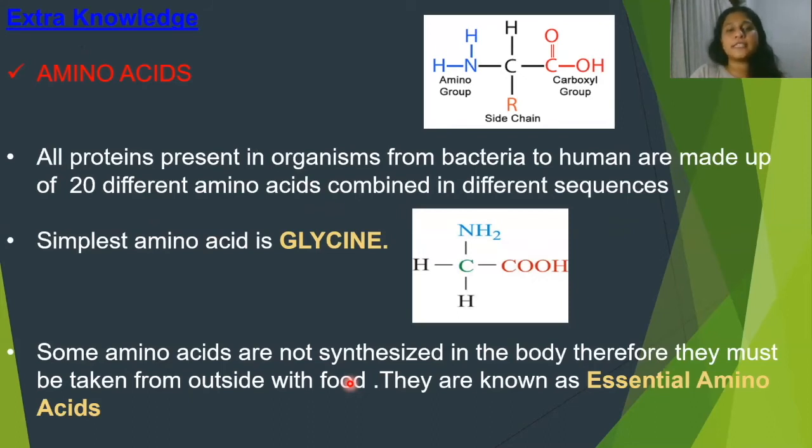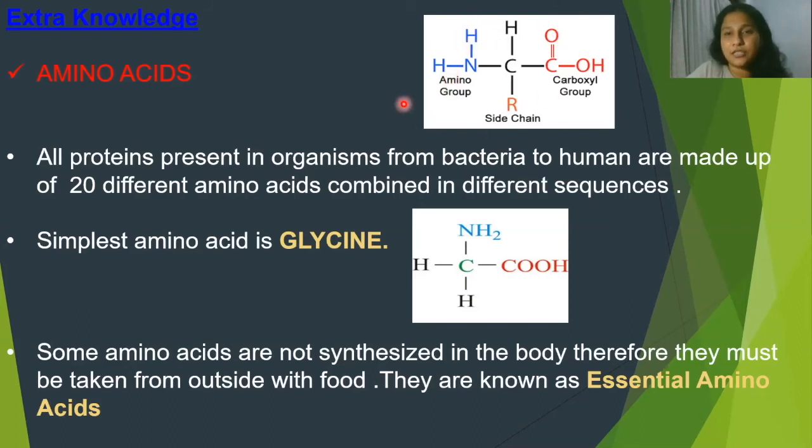So all proteins present in organisms, from bacteria to human, are made up of 20 different amino acids combined in different sequences, right? So this is the structure of an amino acid.